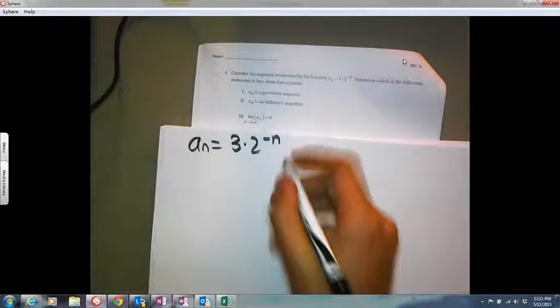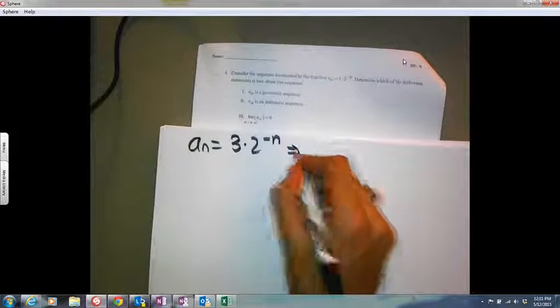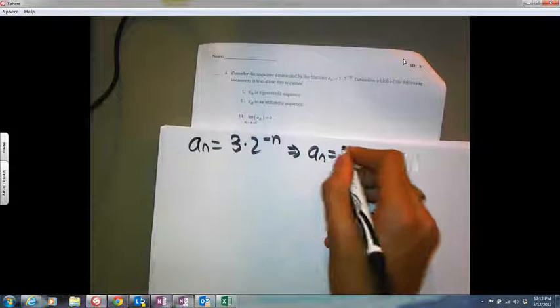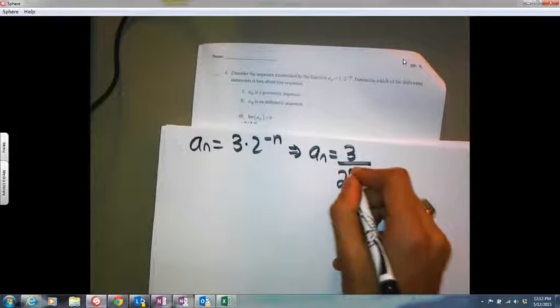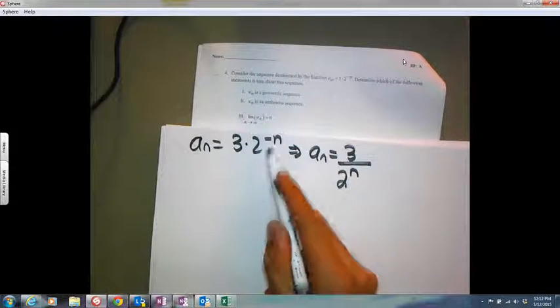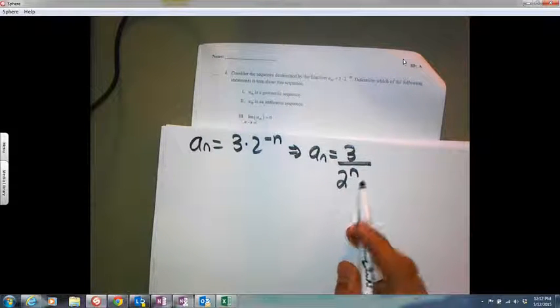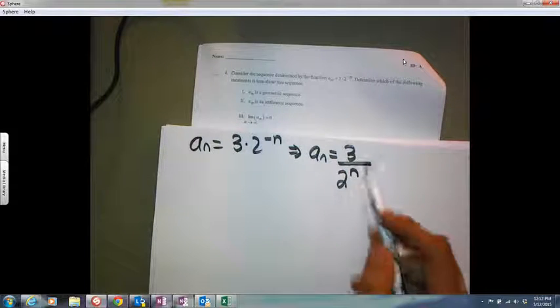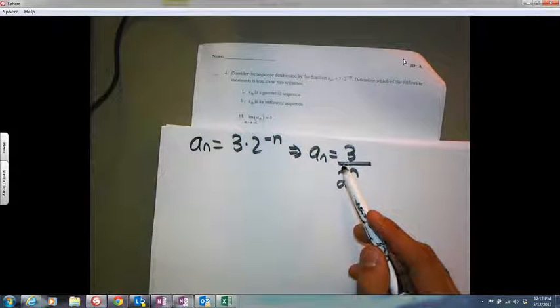So a sub n equals 3 divided by 2 to the n, because remember, negative exponent comes downstairs and becomes positive. I think this is easier to deal with. So we know that the sequence cannot be both geometric and arithmetic. So we need to check which of these it is.